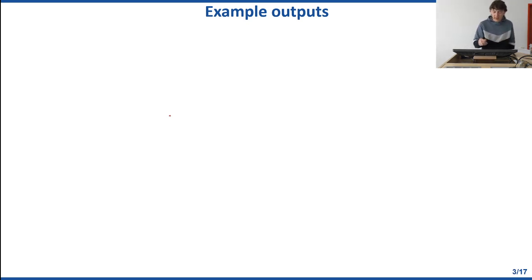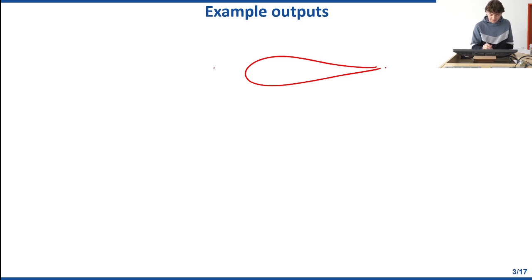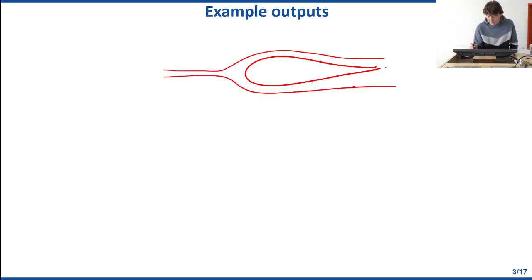Let me take one step back actually, and let's just be sure that we're clear on what we're doing here. Suppose that we're designing an airfoil and we produce a certain flow field.